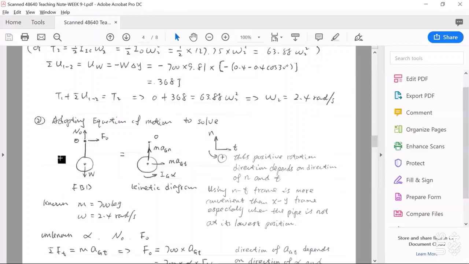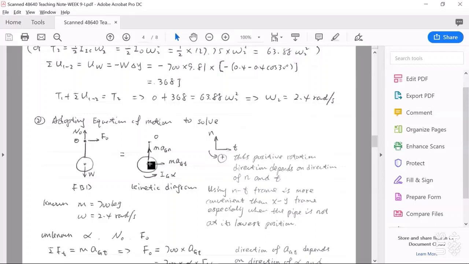And now we need a free body diagram and a kinetic diagram. In this free body diagram, we indicate the weight force. At this instant, this pipe is in its lowest position. Here at point O, we have NO and FO.